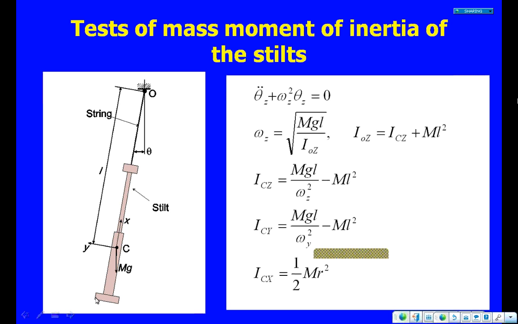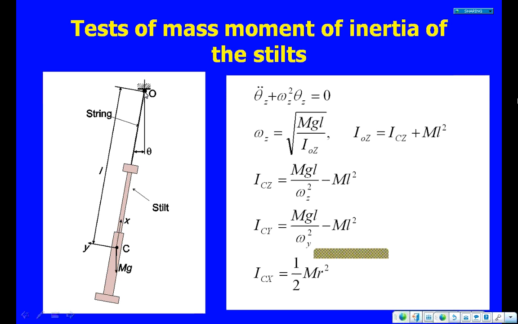It is possible to let it swing, for example, 20 times, then you count the total time, then divide by 20, and that is the period. With the period, you can calculate the eigenfrequency of the pendulum. From the eigenfrequency, you can calculate the mass moment of inertia around the axis O. Then be very careful.